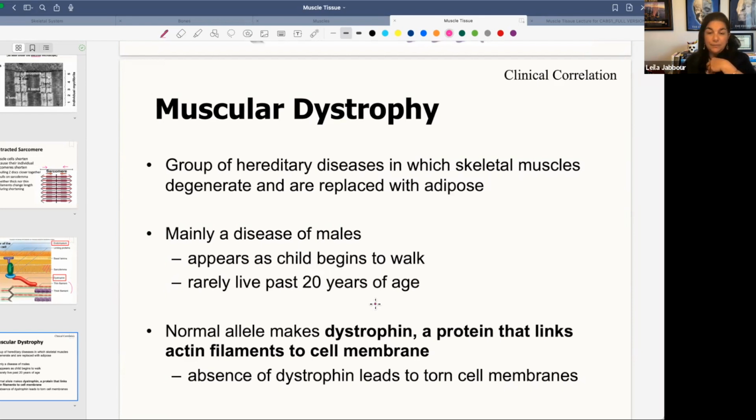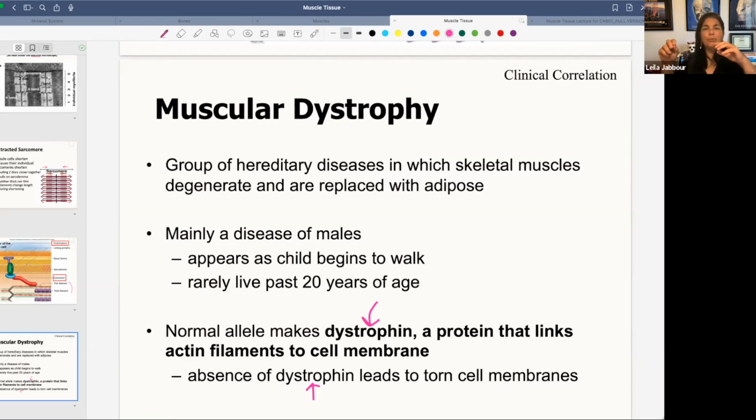Dystrophin is not produced anymore. So you do not have a connection between the contractile proteins inside the cell and the surface of the cell. Instead of dystrophin being widely distributed and giving an even shrinkage of the cell, you have only certain dystrophin produced.